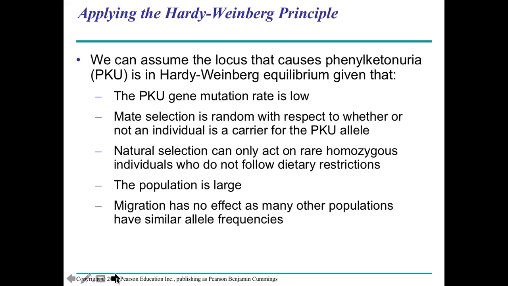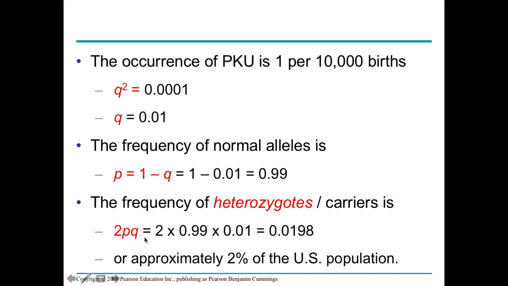Natural selection can only act on rare homozygous individuals who do not follow these dietary restrictions. The population is large. Migration has no effect on the allelic frequencies. So we're looking at those 5 conditions for this PKU disease, and we're going to see if we can apply the principle to that.